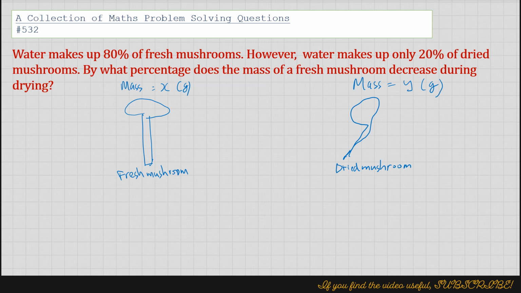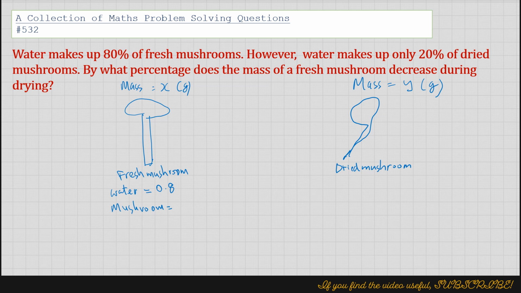So then I have to work out the water, isn't it? The water would be, in a fresh mushroom, 0.8x. I just call the other part the mushroom part, doesn't matter what I say.